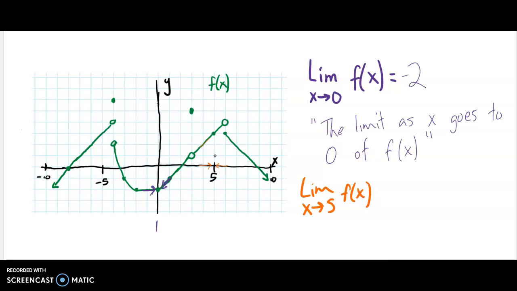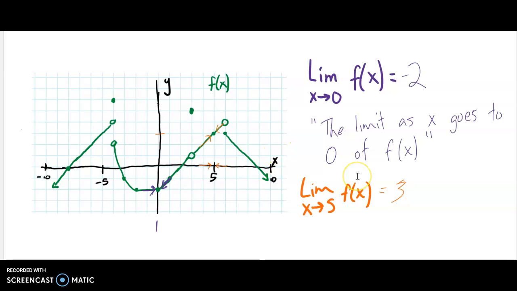Coming up here, it is getting closer and closer to this height. And same thing as I come in from the right, we're also getting closer and closer to that height. That height is 3. So I get an answer of 3.